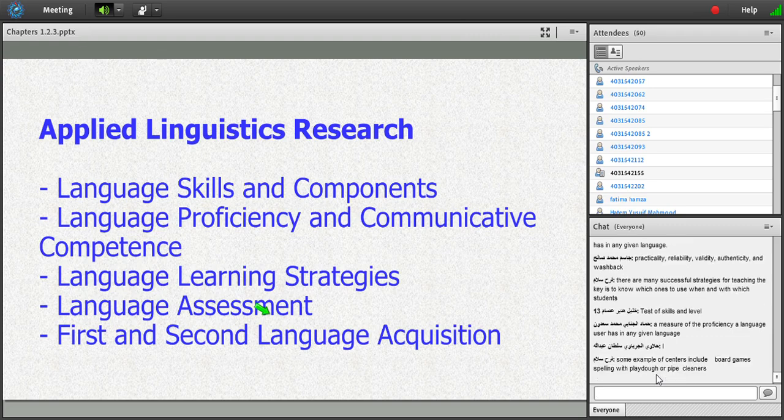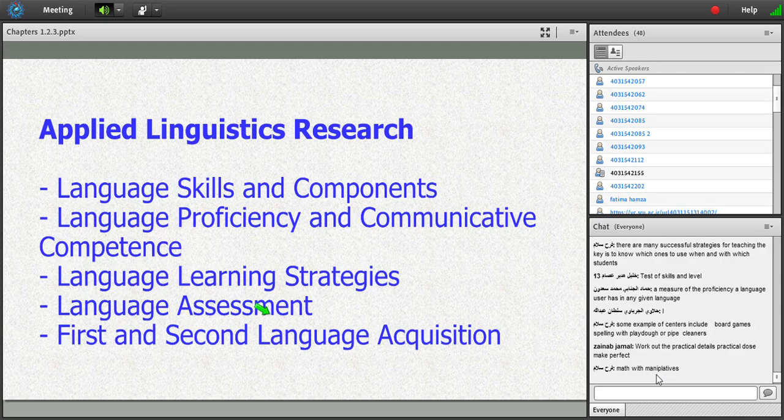Determining, as one of your friends said, determining the validity and reliability of different tests. For example, the scores of the students on TOEFL, on IELTS test can be evaluated and interpreted, and different strategies that can improve the students' performance on these international tests can be investigated.